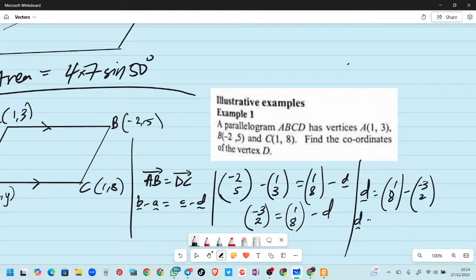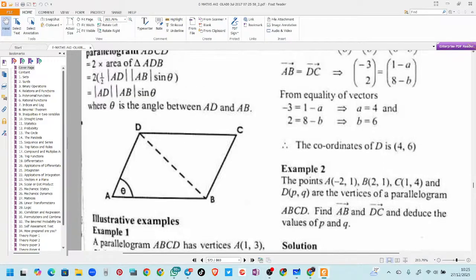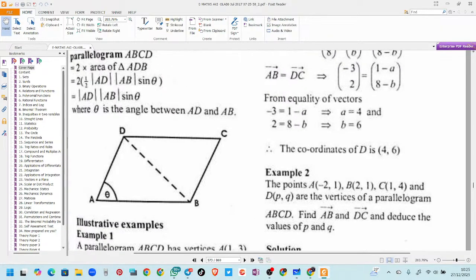So D is 1 plus 3, 8 minus 2 is 6. And this becomes the vector D, which is what? 4, 6. Yes. So that's the answer. Right here. 4, 6.